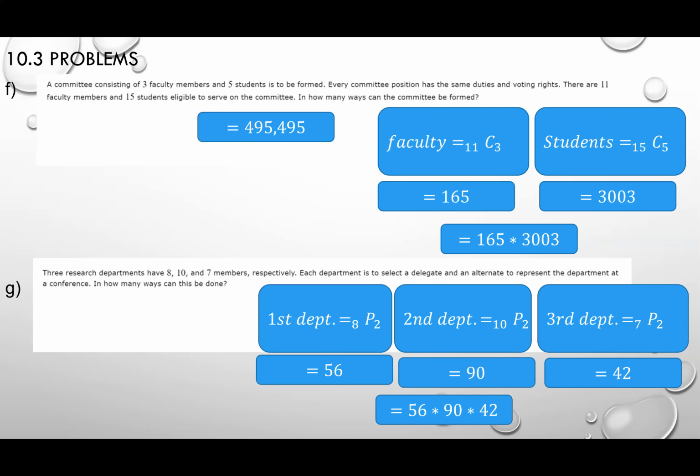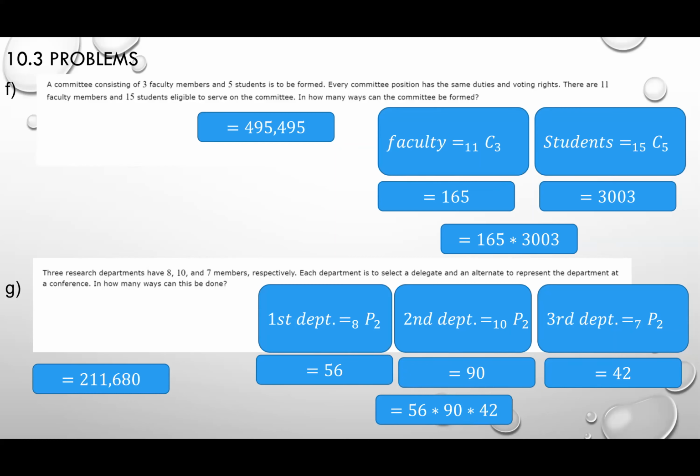And again, once you find each individual one, all you need to do is multiply each of the departments together, and this is how many ways you can mix and match them. And again, 211,680 different ways that you can mix and match the items.